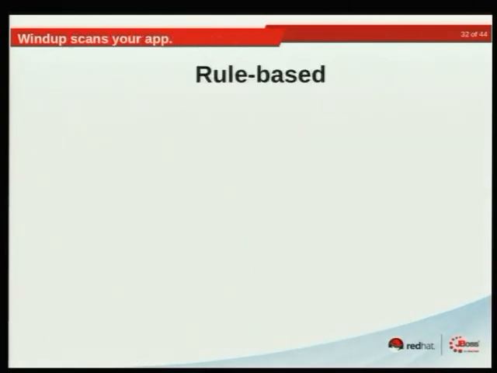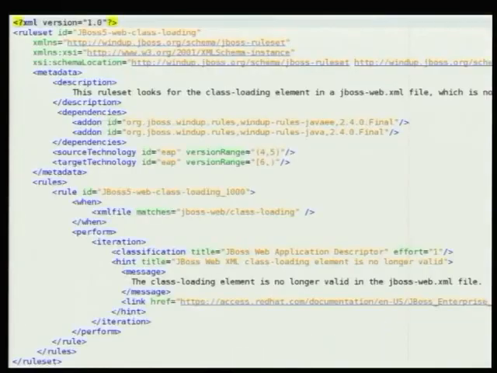So Windup is rule-based. What does that mean? Windup isn't just a bunch of scripts or hard-coded Java code. It's a platform which runs rules, and the rules are not biased towards any particular technology. It's written in Java, but currently, the majority of the rules, especially the simple ones, look like this.